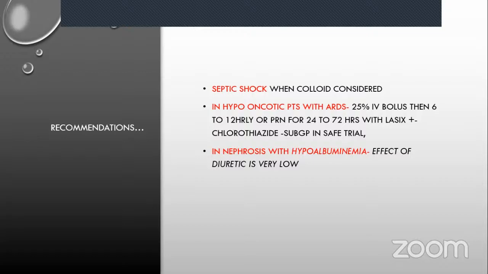This improved oxygenation, net negative balance, and hemodynamics. However, it did not shorten days to extubation. Then nephrosis with hypoalbuminemia: we have seen that the effect of diuretic will be very low if you have low albumin.